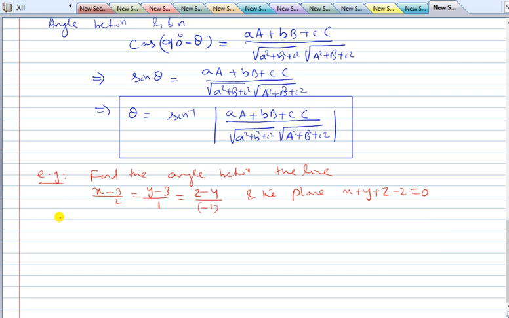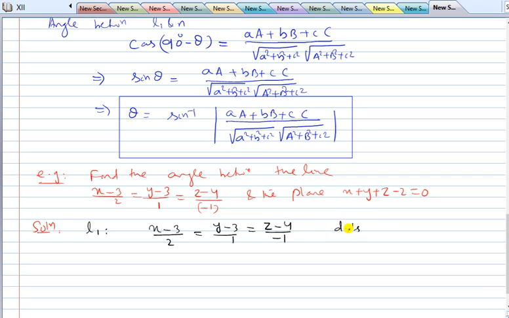Okay. So now let us simplify this one. I have the line L1 with the equation x minus 3 by 2 equals y minus 3 by 1 equals z minus 4 divided by minus 1.